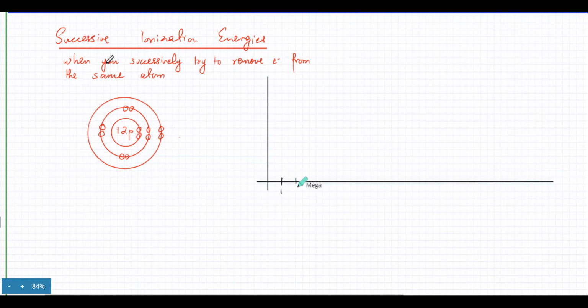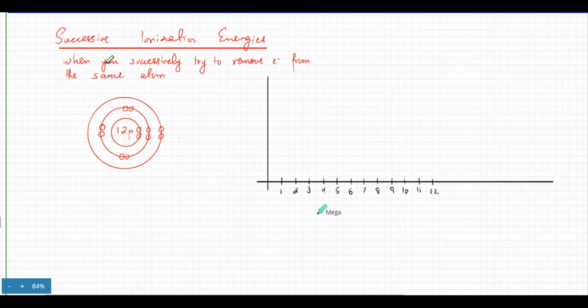I'm just going to write 1, 2, removing the third electron, then the fourth, then the fifth electron, sixth, seventh, eighth, 9, 10, 11, and 12.